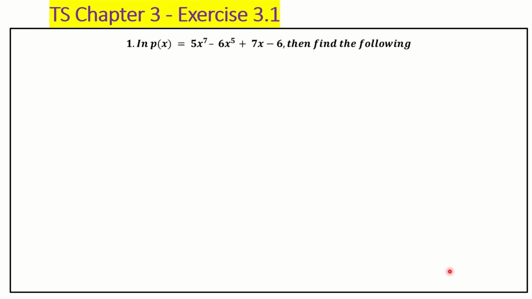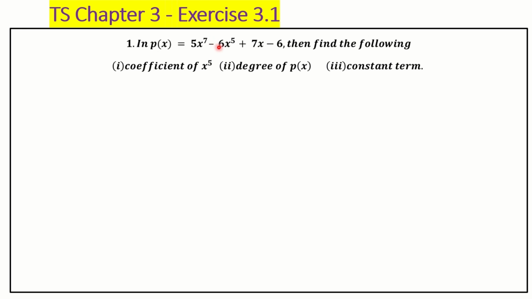Okay. The first question: p of x is given, 5x power 7 minus 6x power 5 plus 7x minus 7. Find the following. Coefficient of x power 5. What is the coefficient? If you have x power 5 here, the coefficient is the multiplicative value of that term.